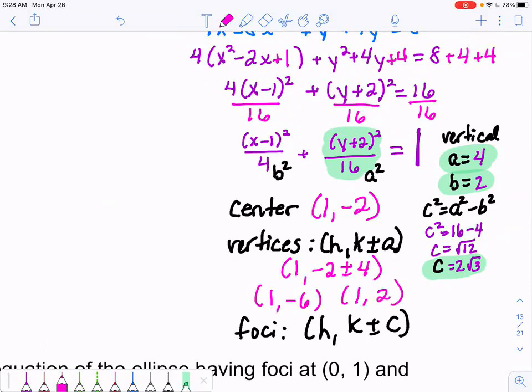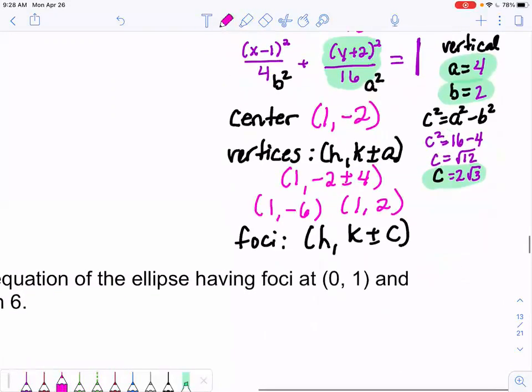So that's where our two vertices are. One vertex is at 1, -6 down below. Another vertex is up at 1, +2. The foci are found by taking that same 1 from the center and then -2 plus or minus c, 2 square roots of 3. We're going to keep that exact.